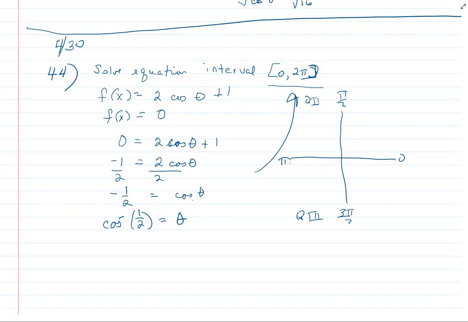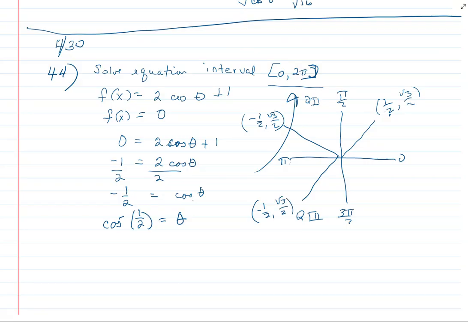In this case, we're talking 1/2 and the square root of 3 over 2. This is a negative 1/2 and the square root of 3 over 2. And this is a negative 1/2, square root of 3 over 2.